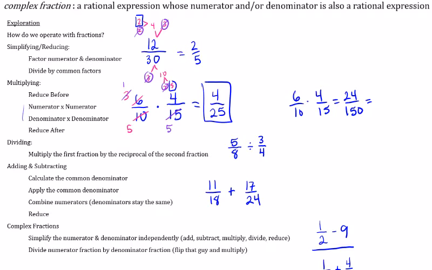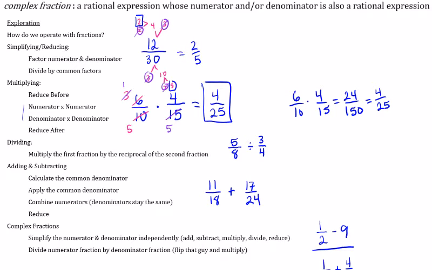So then I would divide both the top and the bottom by 6, and I would get 4 over 25. So you can do it either way. In general, it's probably a little more efficient to reduce before because the numbers are smaller, so you can more easily see what the factors are. And then always check to reduce at the end to make sure your answer is fully simplified.